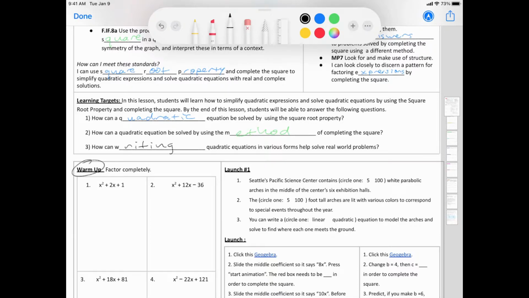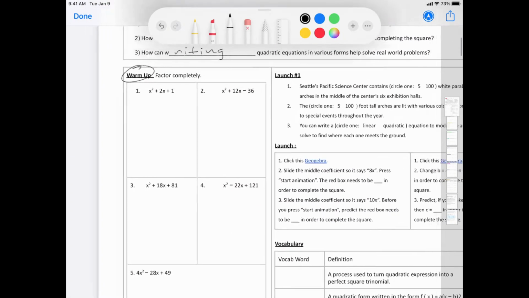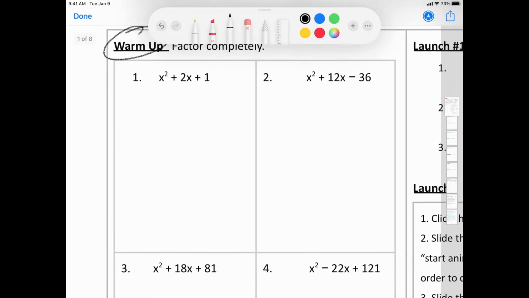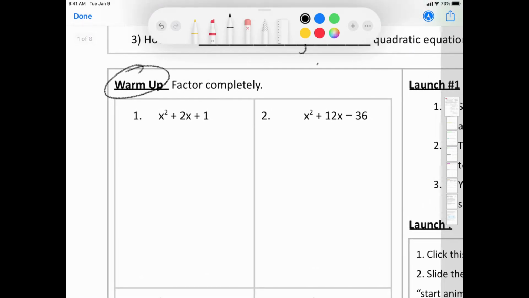Go ahead and try the warm-up and then press play when you are ready to check your answers. Okay, for question number 1, I'm going to be using the X box method.